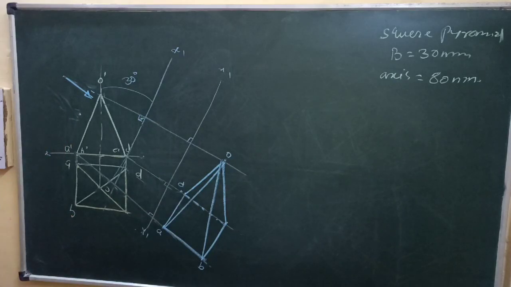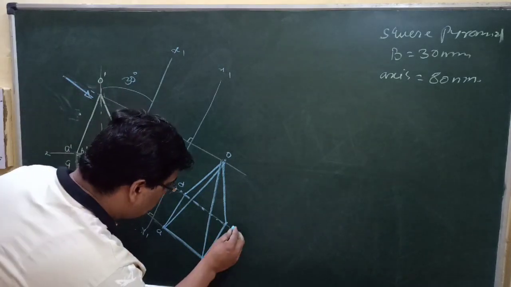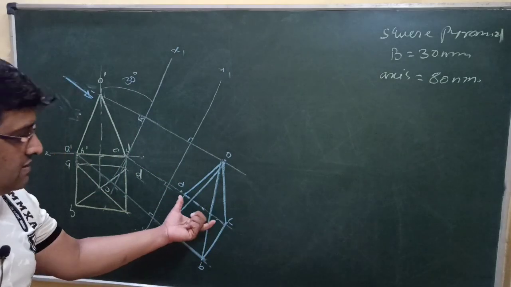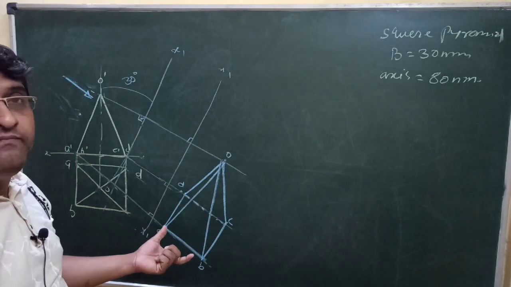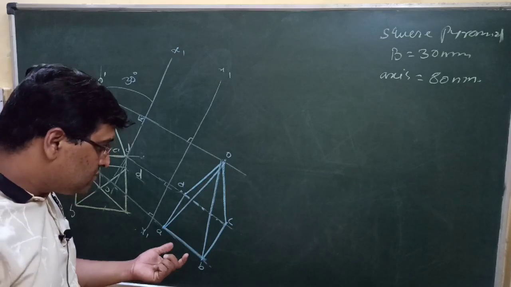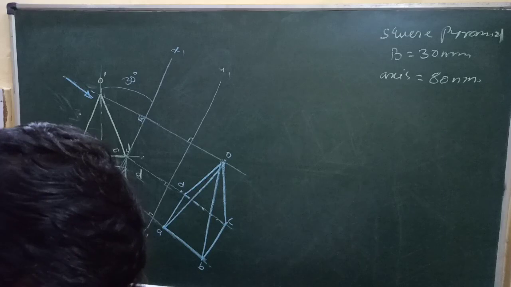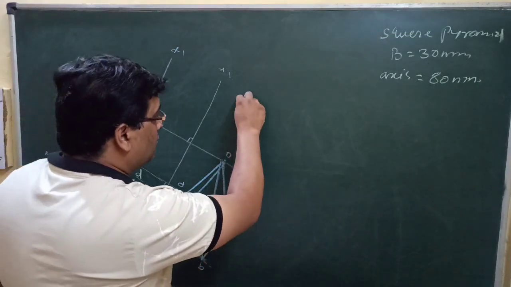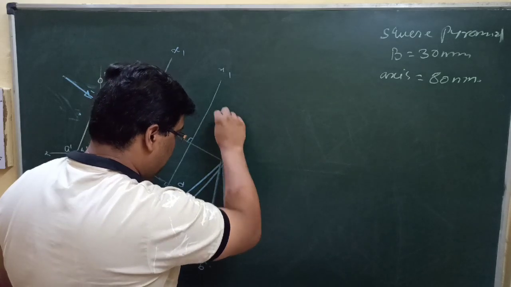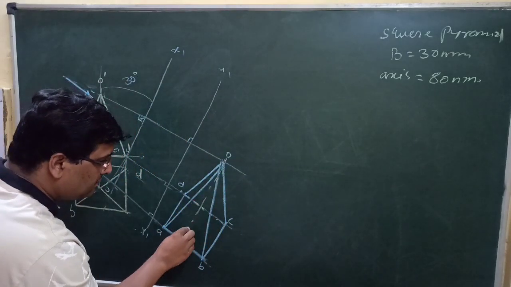Now the resting edge, that is CD, is here. This resting edge is also making an angle of 45 degrees with the VP. So now what we have to do? We have to consider another axis. Say this is the axis of the pyramid.